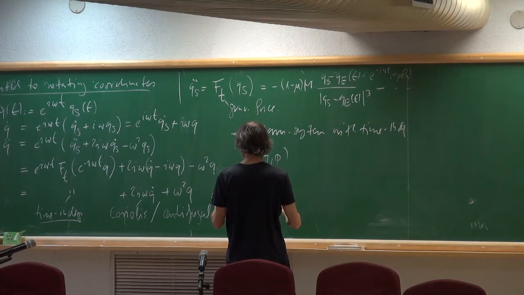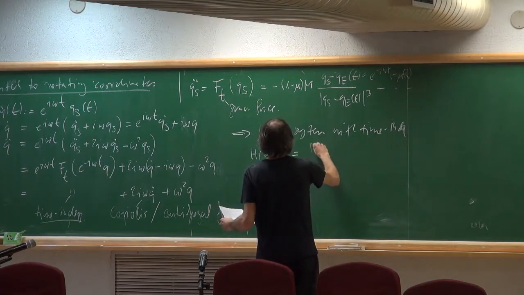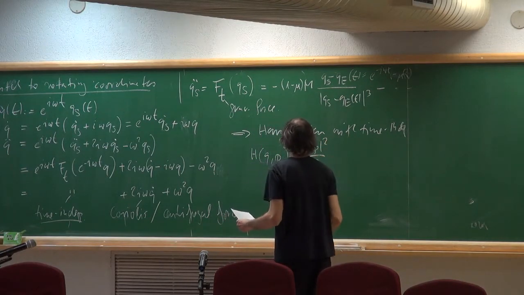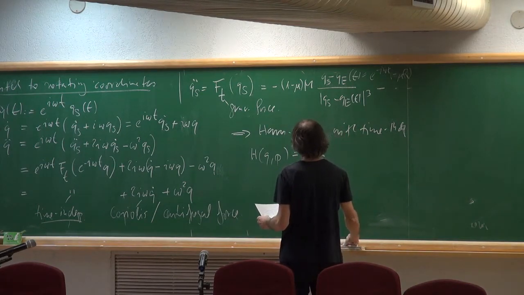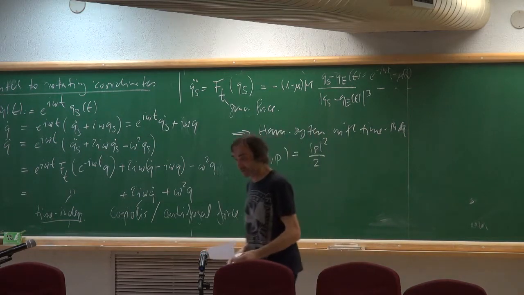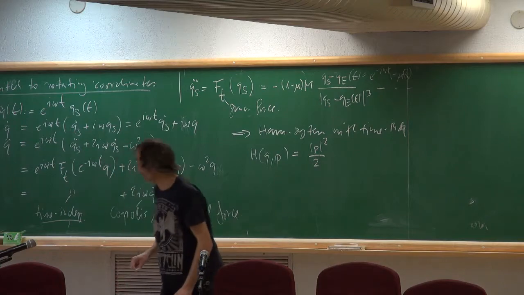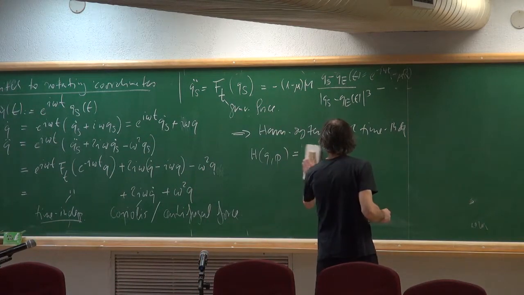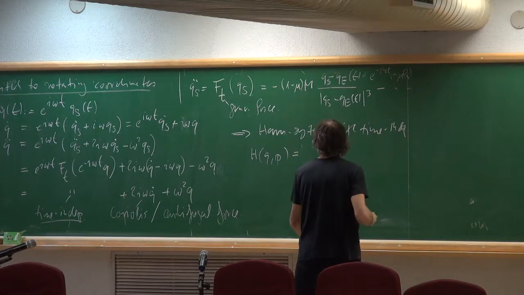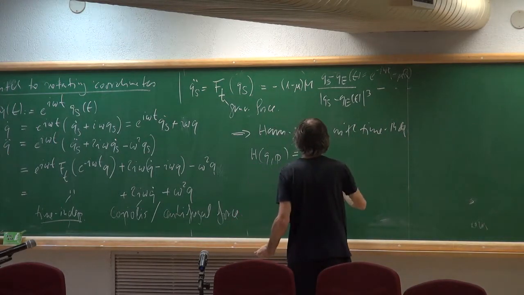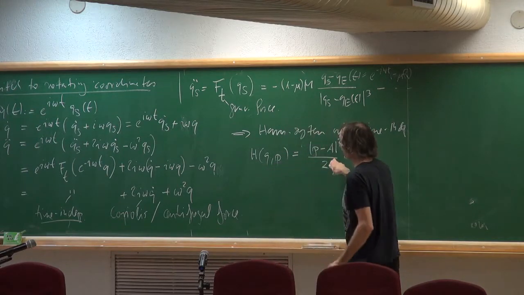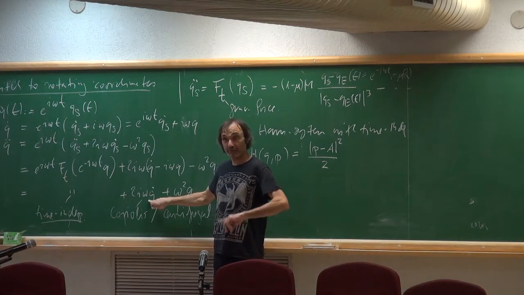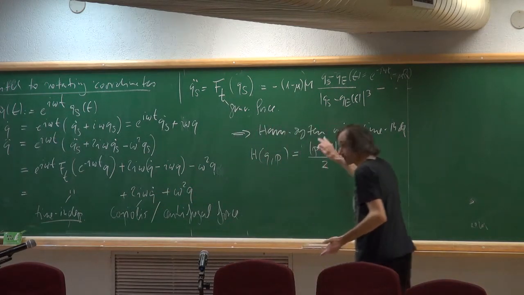This is of the form p squared over, well, okay, if I want to write it as a Hamiltonian, then I need to, okay, to build the Coriolis force into a Hamiltonian, I'll say a little bit about this in a moment.